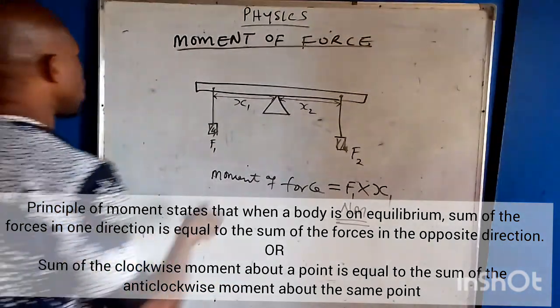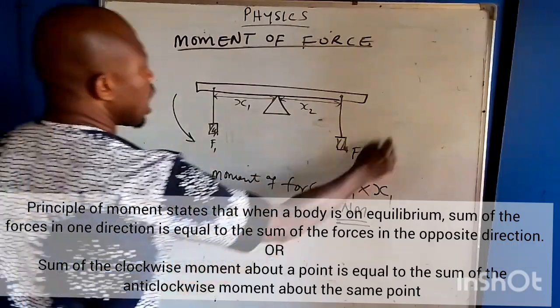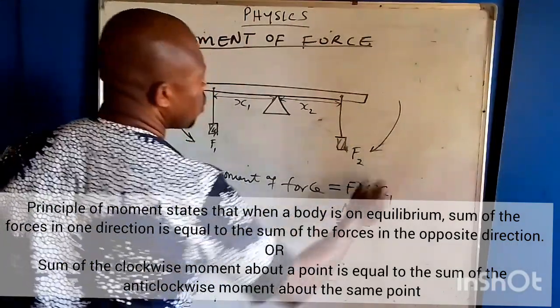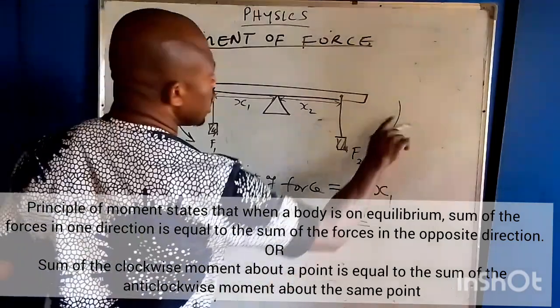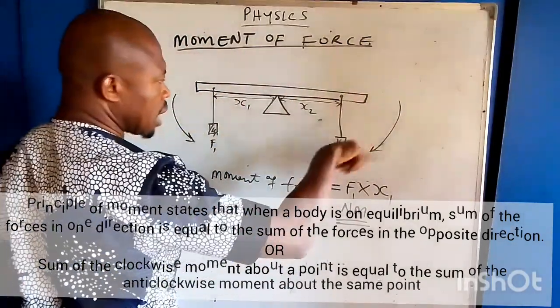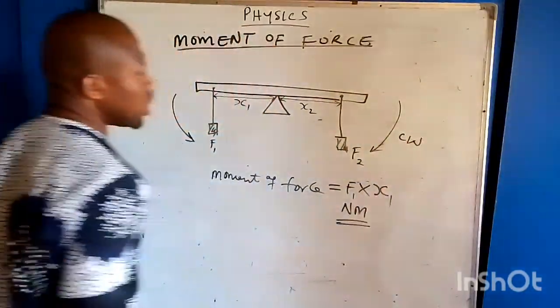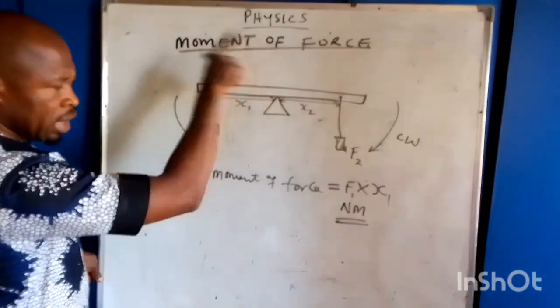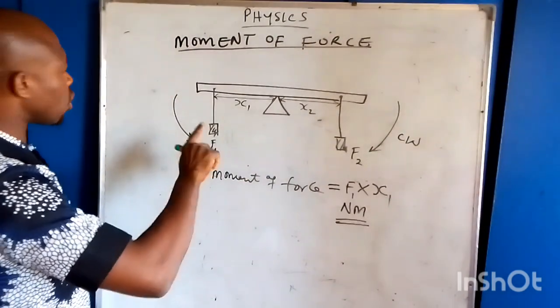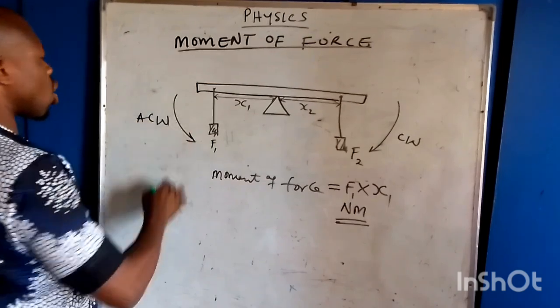If we make an arrow here and another arrow here, this one is turning in the direction of the hand of the clock, so we call it clockwise, while this one is going the other way around, anti-clockwise.